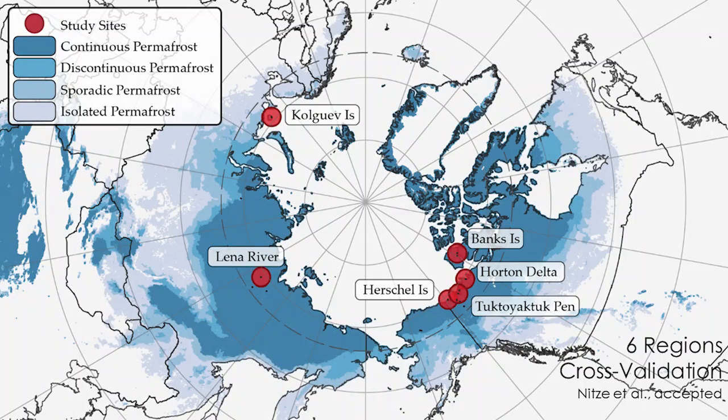We applied a regional cross-validation where we trained the model on 5 regions and validated on the 6th one, and rotated that through all regions and all potential setups. As thaw slumps can look very different depending on the sediment they are sitting in, on the vegetation which is around, and whether they're in a coastal setting, more at valleys, or on lakes, we try to incorporate all these different attributes that they can have.